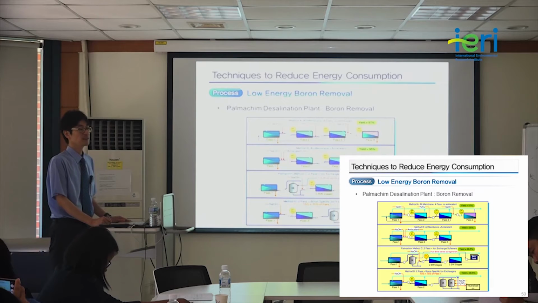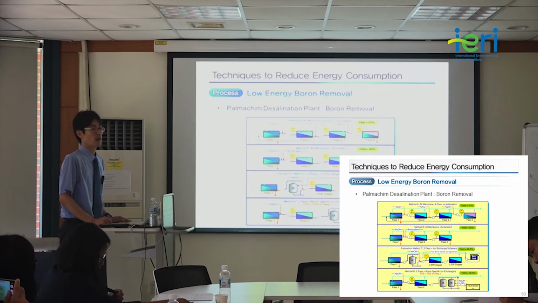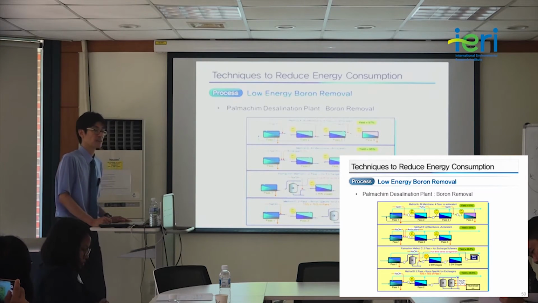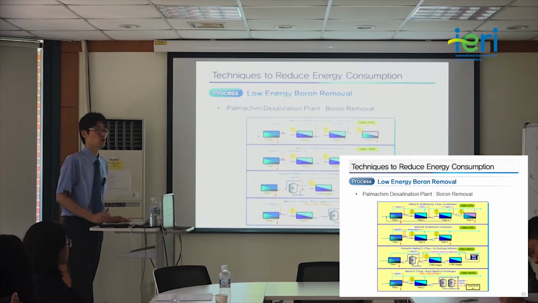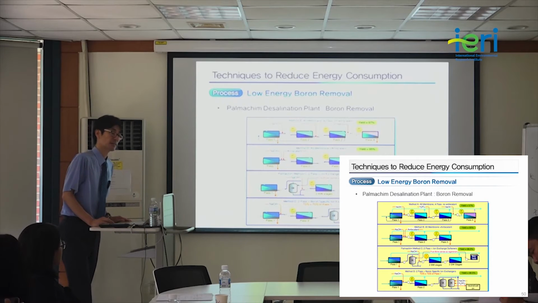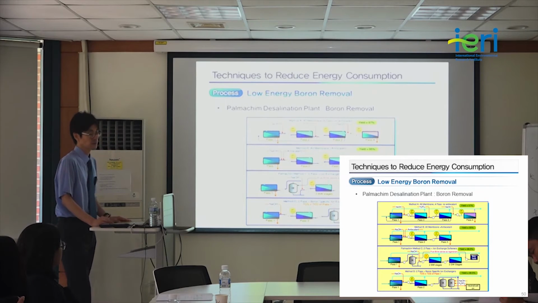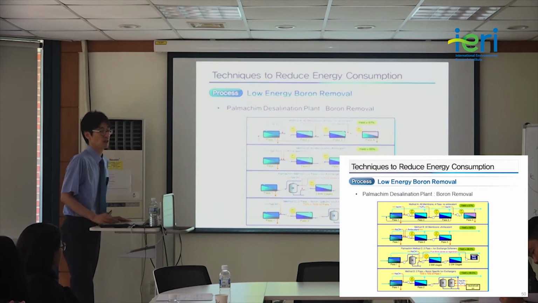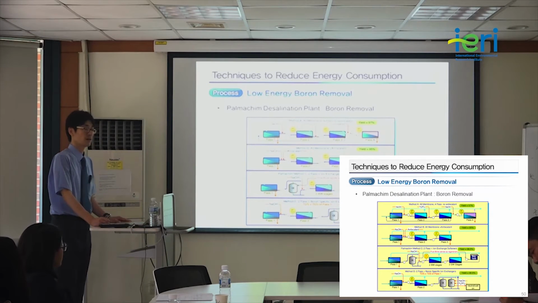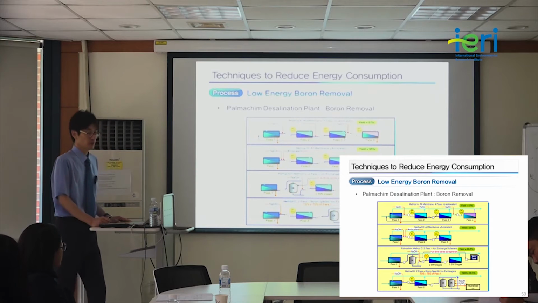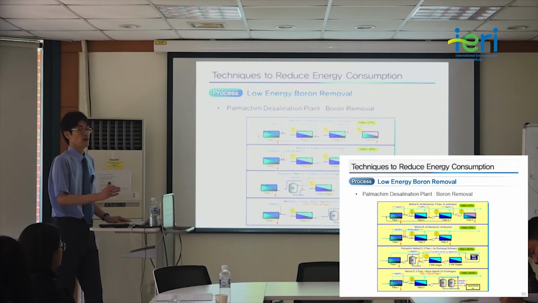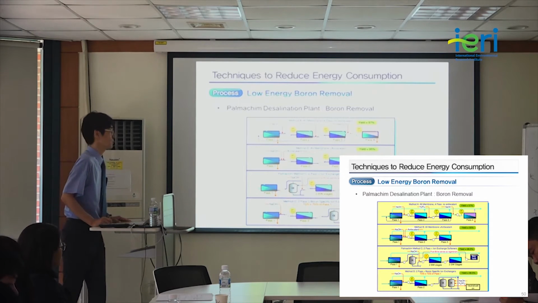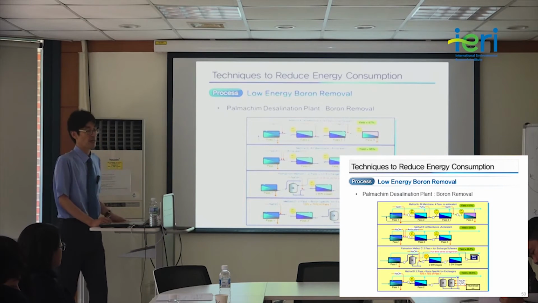So if single stage reverse osmosis cannot properly handle the boron in the seawater, in such cases we have to use second pass reverse osmosis to improve the rejection of boron in the final product. However, again, as I already mentioned, by using the second pass reverse osmosis, we have to use more energy.